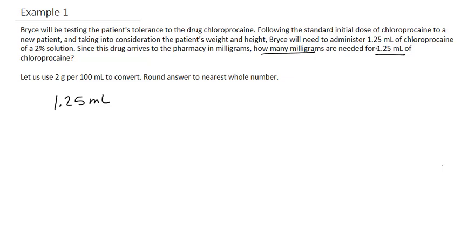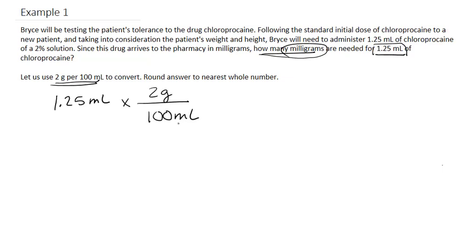This is what we're starting with, and milligrams is our end goal. Now we're going to use this hint of 2 grams per 100 milliliters in the first step. So we have 1.25 milliliters times 2 grams per 100 milliliters.